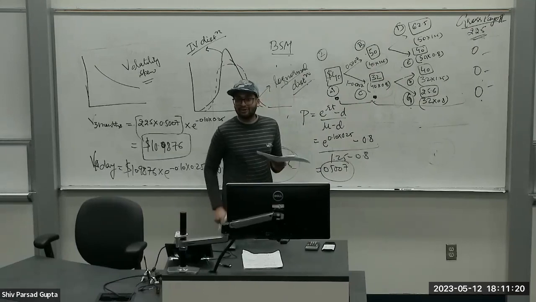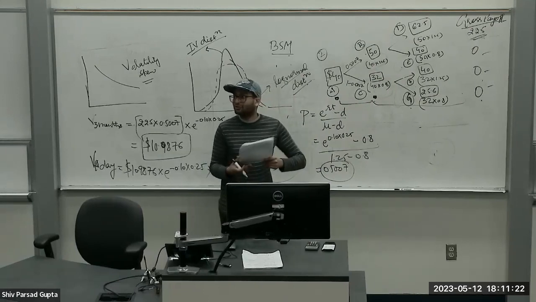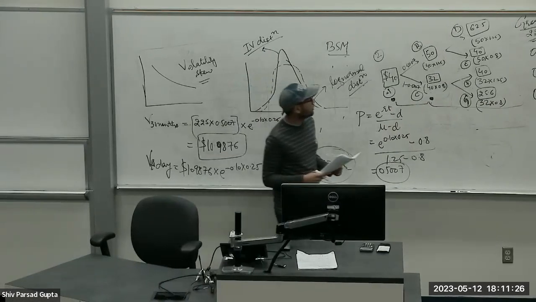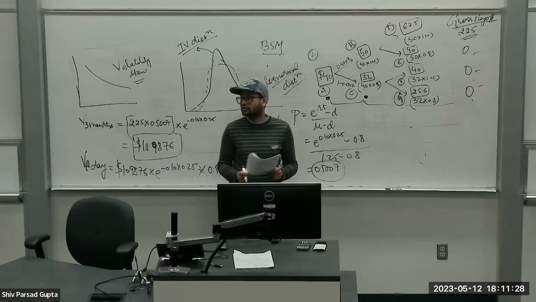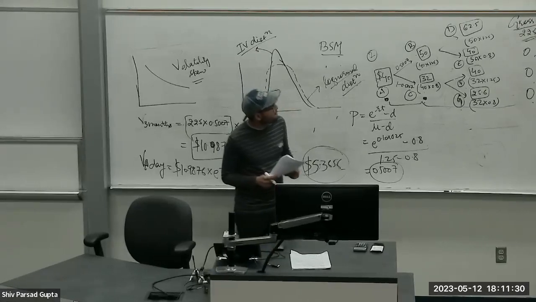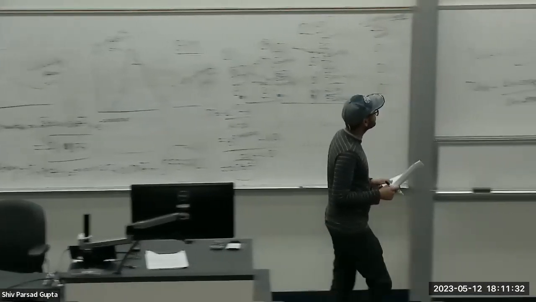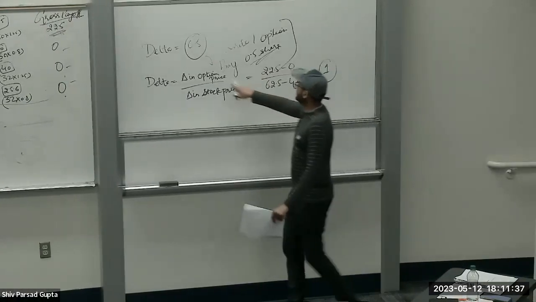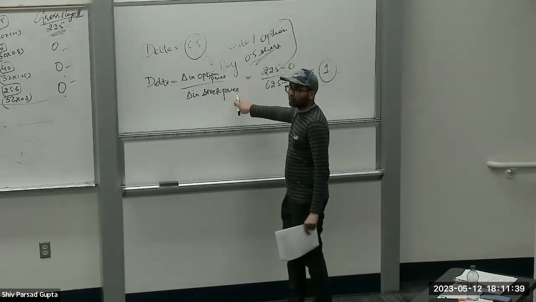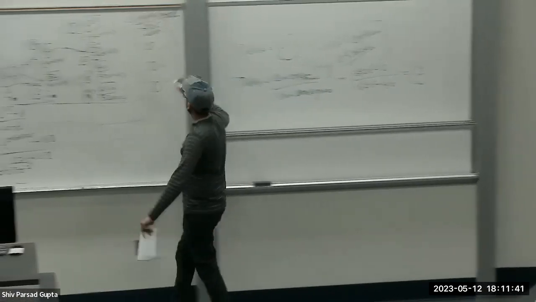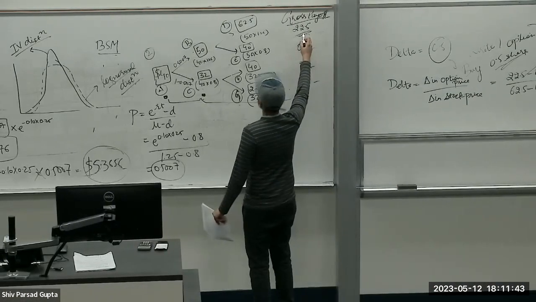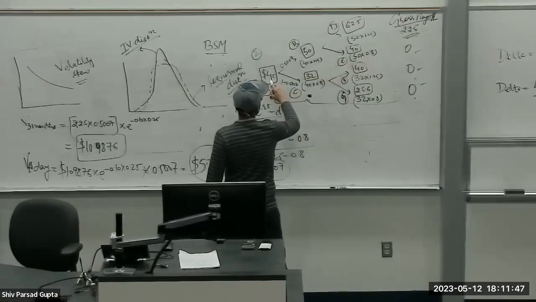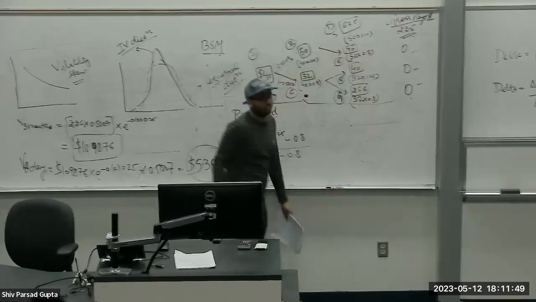Is that clear or not? Why are we doing it at node B and not node C? See, delta is 1, right? So we will buy the share after 6 months, not 3 months. Why? Because delta is the change in the option price to the change in the stock price, and the option price is basically the gross payoff, which is 22.5, and the stock price is moving from 40 to 62.5.